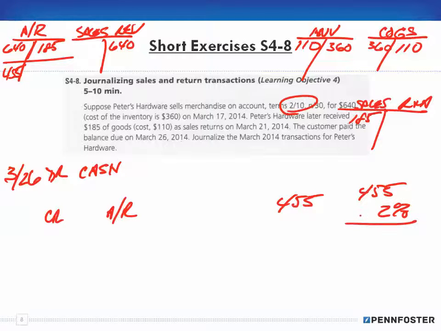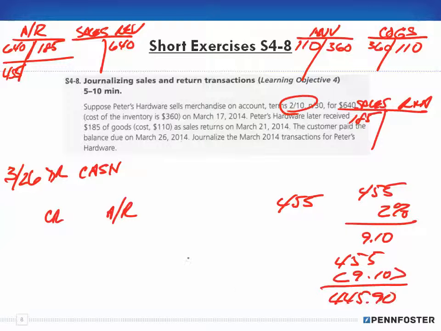So 2% of $455 is $9.10. So if we take $455 and subtract $9.10, we end up with $445.90. So that's how much they're going to pay in cash. So we're going to receive $445.90 in cash.